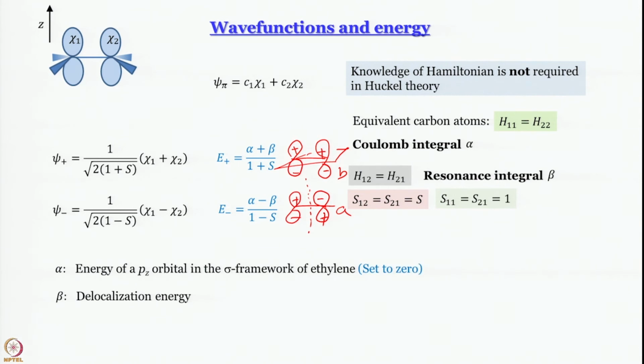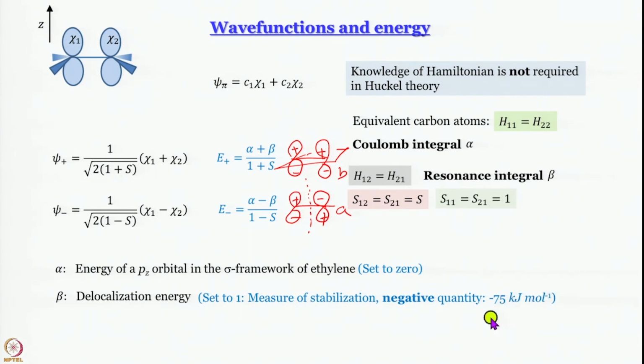So, what we do is we set alpha to be equal to 0, because all measurements are with respect to alpha, and delocalization energy we can set to 1. Very often we write the energies in terms of beta, we do not even bother writing beta, well, today we are going to write beta anyway, but this is a measure of stabilization. It is important to understand that it is a negative quantity. The value of beta is minus 75 kilojoule per mole.